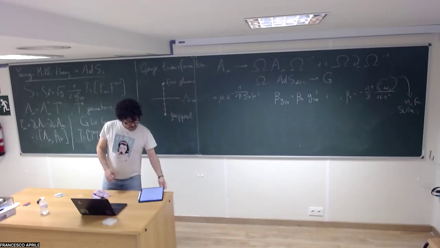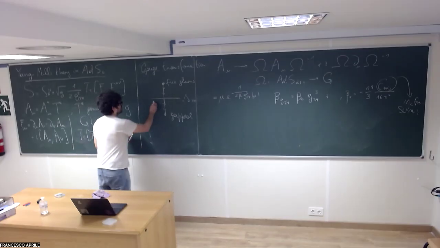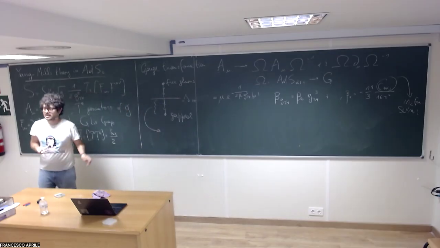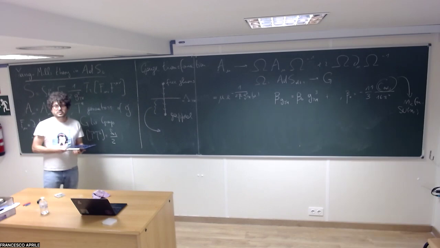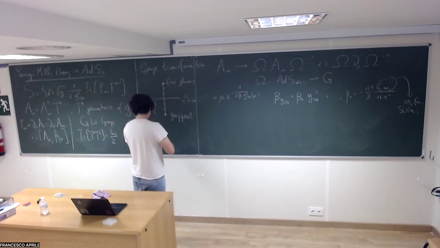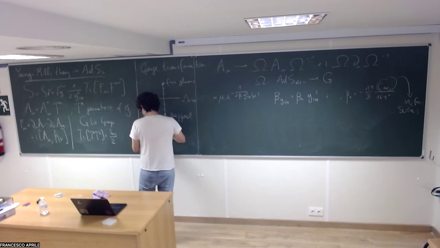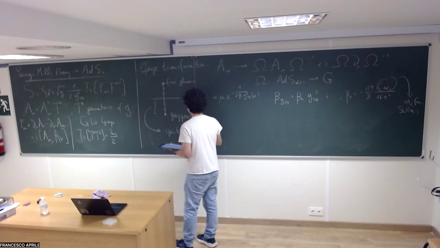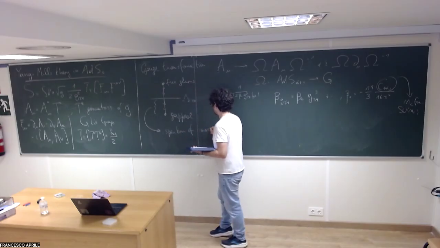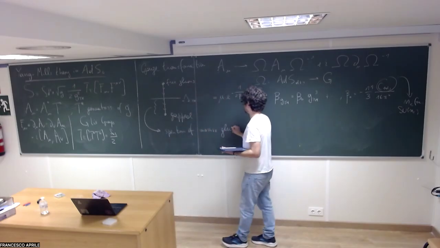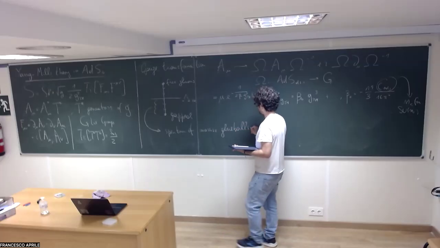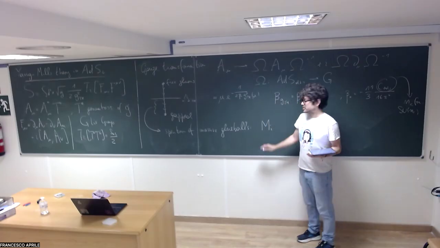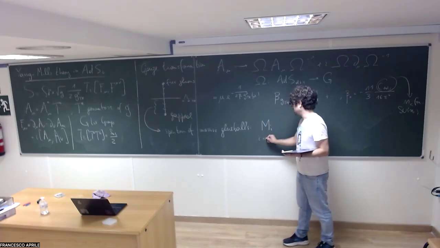Naively you look at this Lagrangian and you say, ah, this is a theory of free gluons, but then what actually happens is that you have a spectrum of massive glueballs, and these glueballs have some masses. I runs over the glueballs.